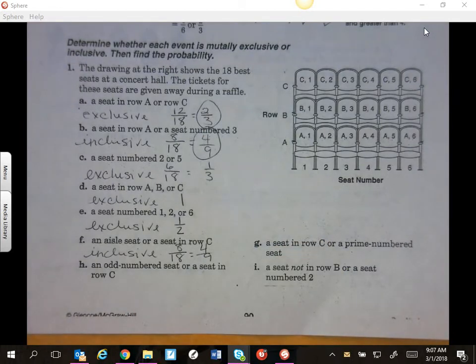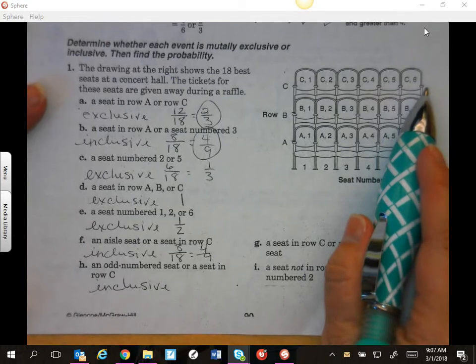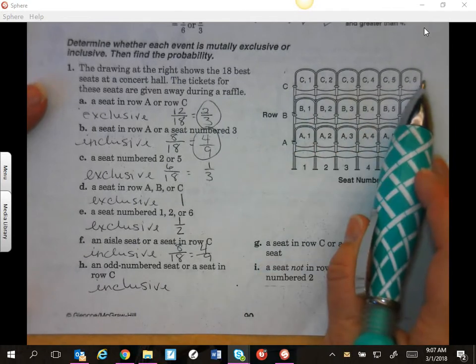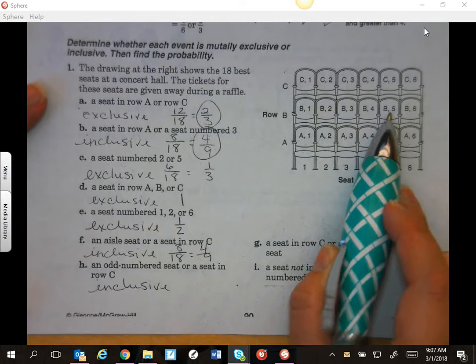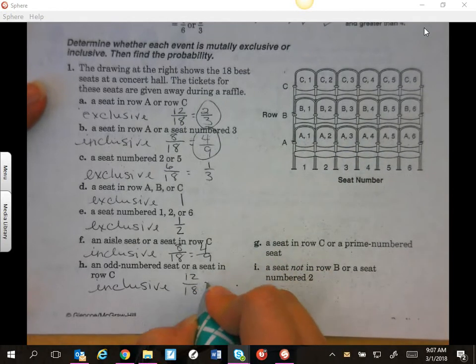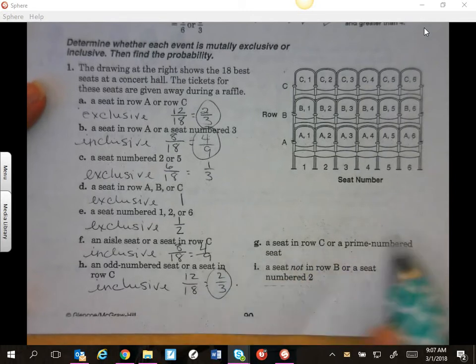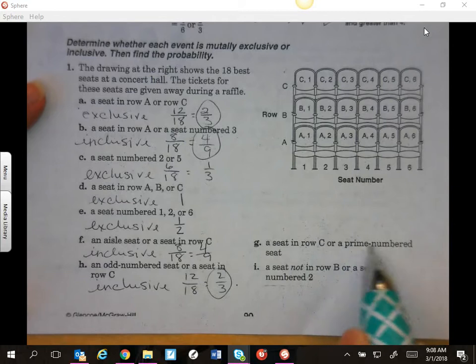An odd-numbered seat or a seat in row C, those are going to be inclusive because row C has odd-numbered seats. So 6, 7, 8, 9, 10, 11, 12 out of 18 is 2/3. A seat in row C or prime.